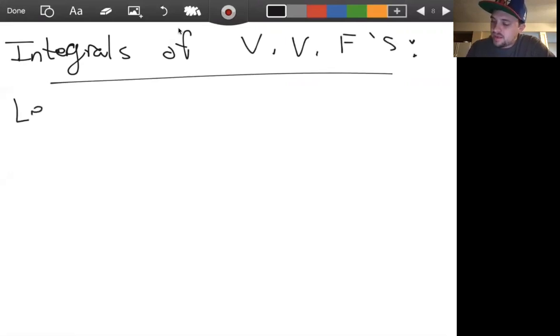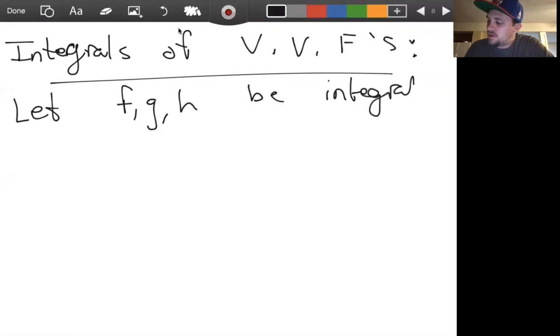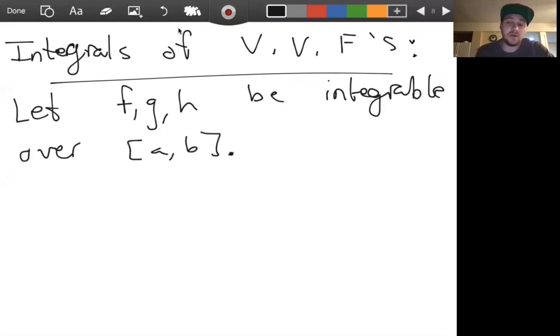Let f, g, and h be integrable over the interval a, b, right? Integrable just means the integral exists. Then we can define the integral of a vector valued function.